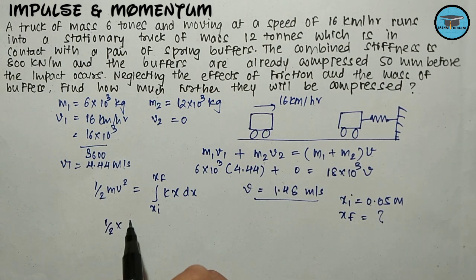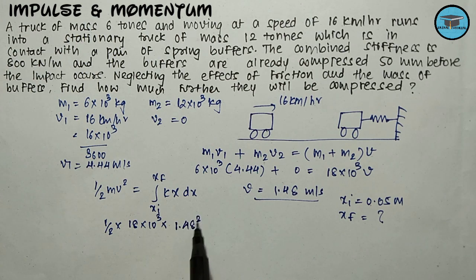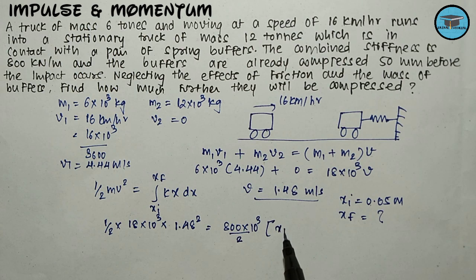So 1 by 2 into 18 into 10 raised to 3 into the common velocity that we have obtained, 1.48 square, equals k, that is 800 into 10 raised to 3, divided by 2 into xf square minus xi square, and xi is known as 0.05 meter.